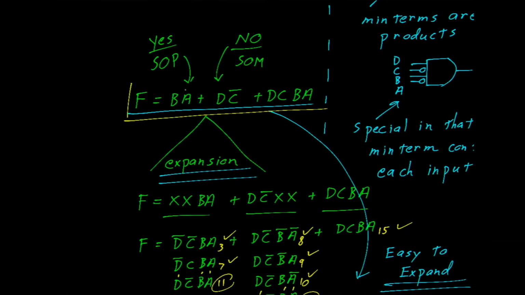For example, in this equation, we see a 2-input AND gate, a 2-input AND gate with an inverter, a 4-input AND gate, and then a 3-input OR gate. Not terribly complicated.